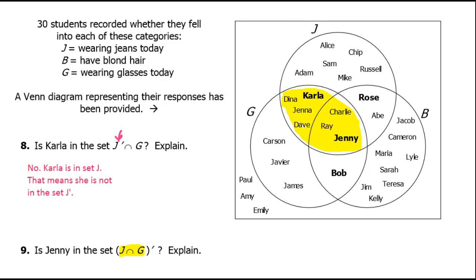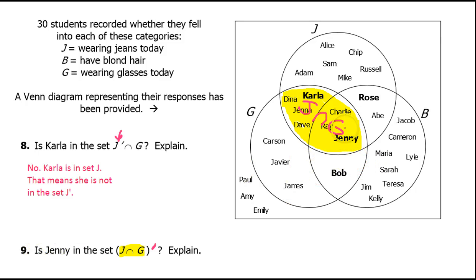All right, so that means this part right here is the set J and G. Now, this mark on the outside means we're being asked if Jenny is in the set not J and G. In other words, is Jenny outside of the yellow area?